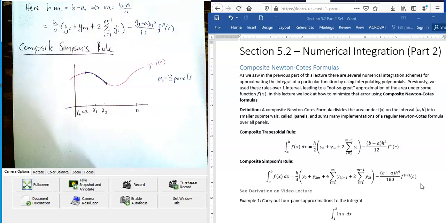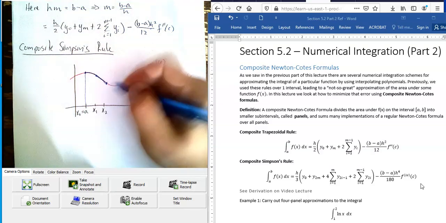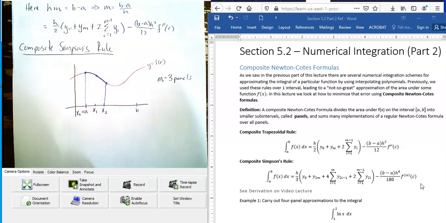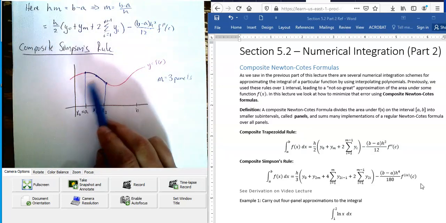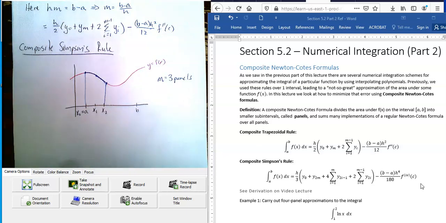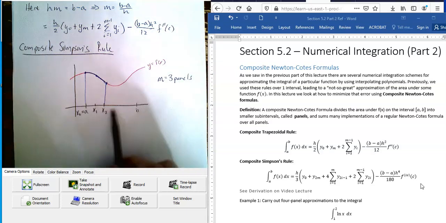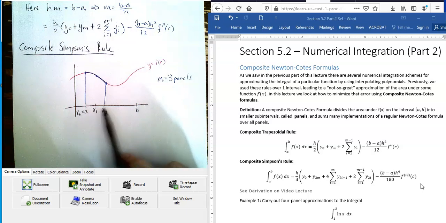Then, using our Simpson's rule formula, we would find the value of this area, approximately. The next panel, since we're going for 3 panels here, we'll split A to B up into 3 equal portions.